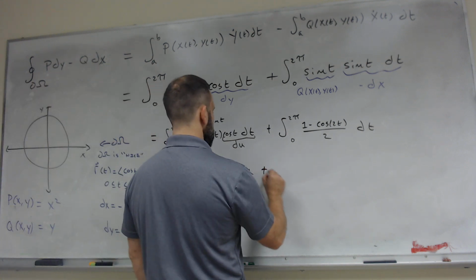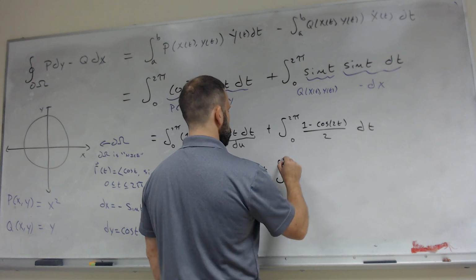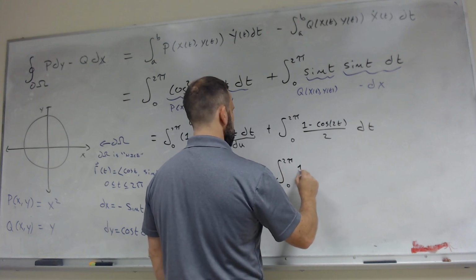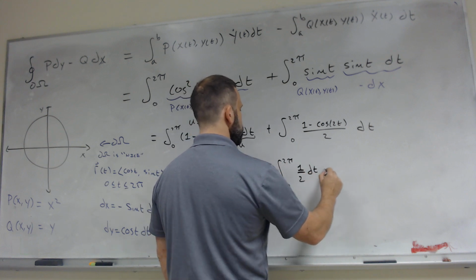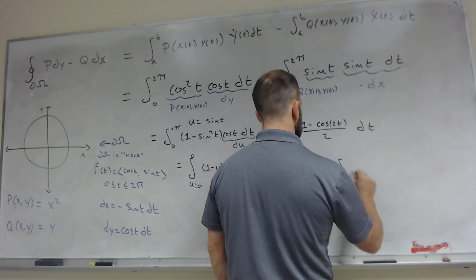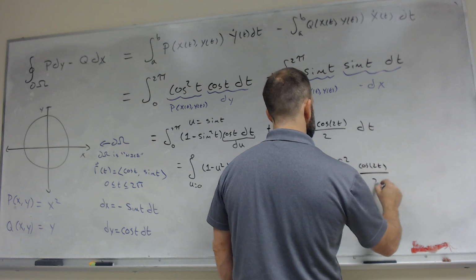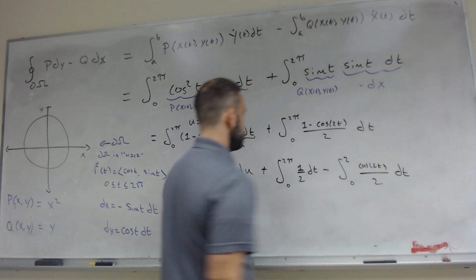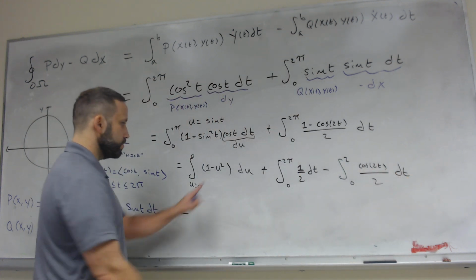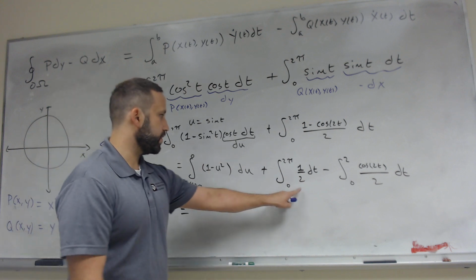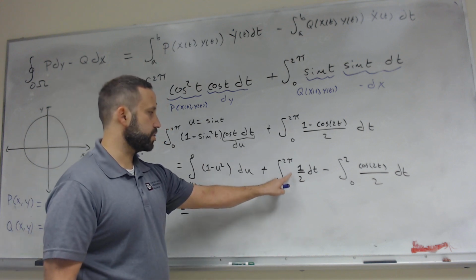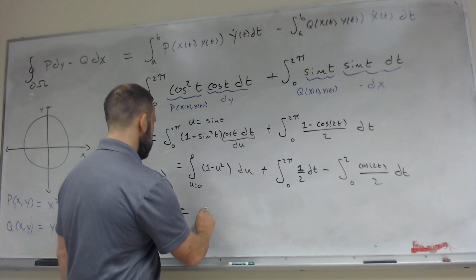Then over here, I'm going to have the integral from 0 to 2 pi of 1/2 dt, minus the integral from 0 to 2 pi of cosine 2t over 2 dt. What about the first integral? If I do this integral, it's just going to be pi, it's 1/2 times 2 pi.